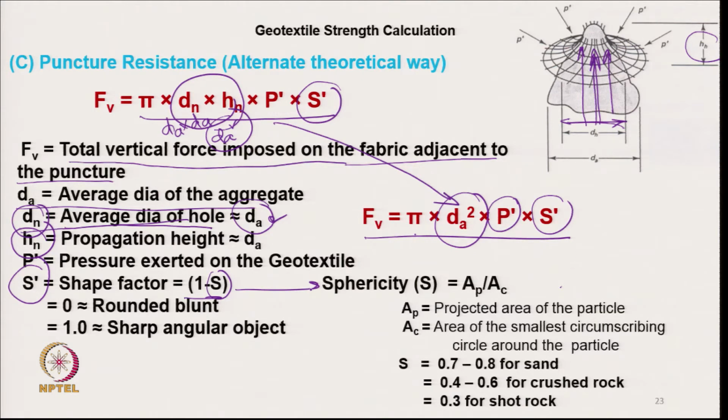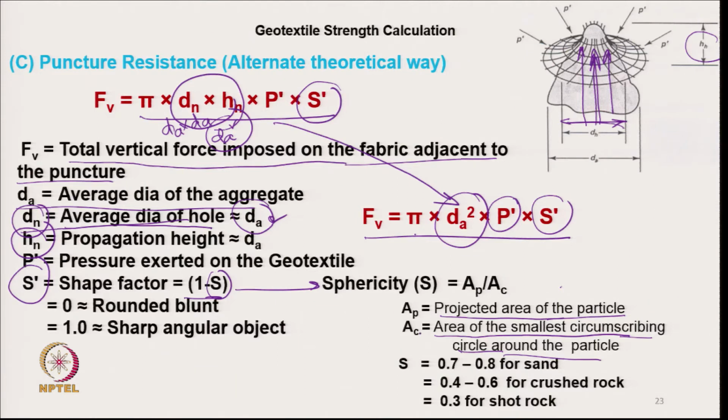Sphericity, what is sphericity? It is the ratio of the projected area of the particle and the area of the smallest circumscribing circle around the particle.